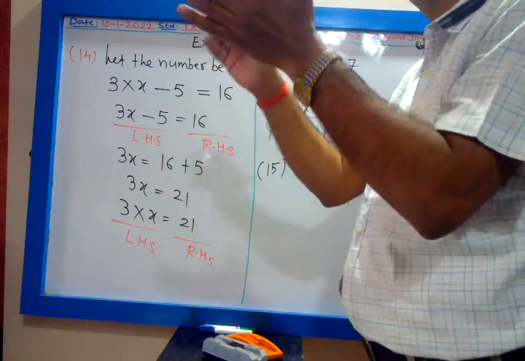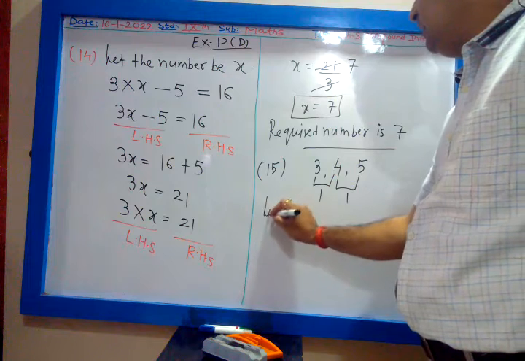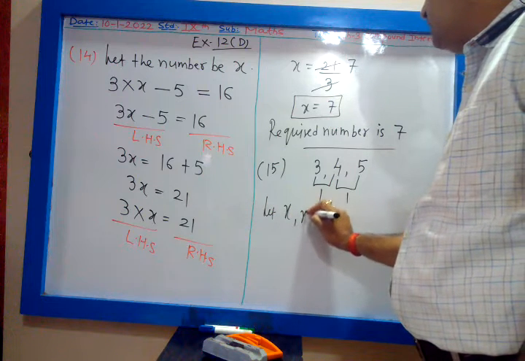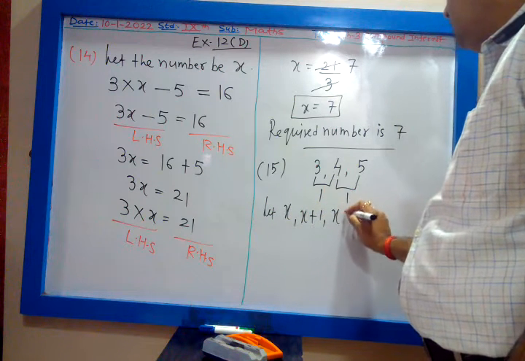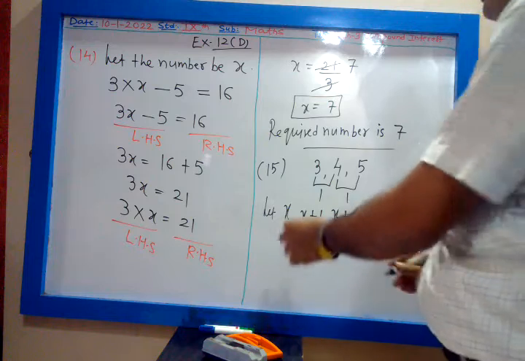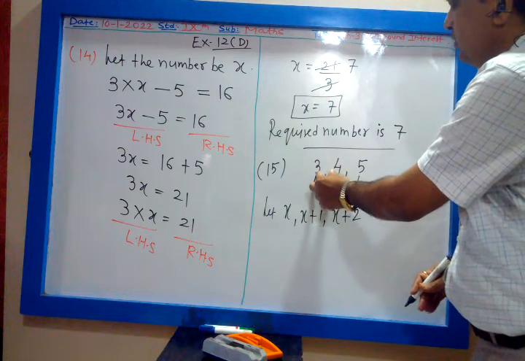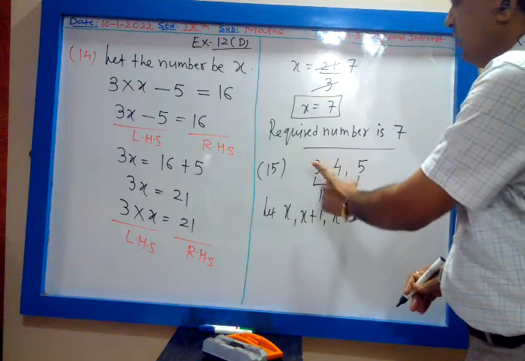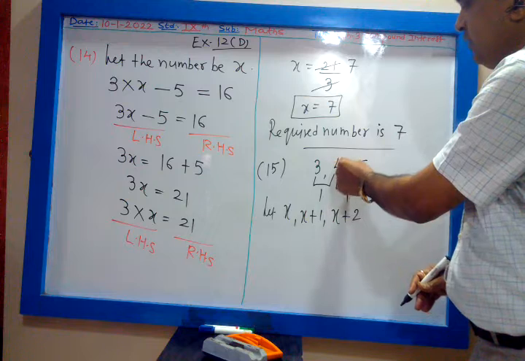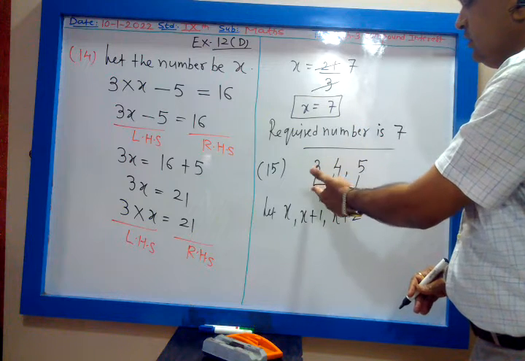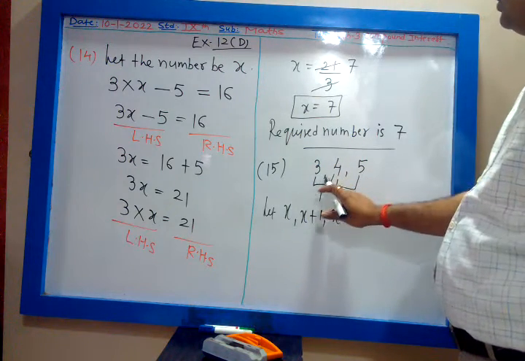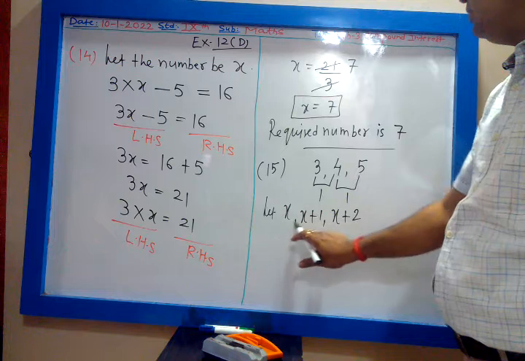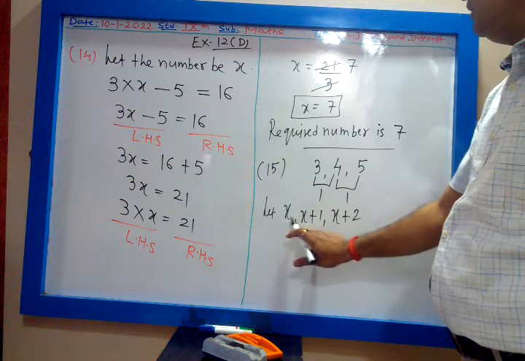But if it is natural numbers, we write let x, x plus 1, x plus 2. What is the difference between 3 and 4? 1. 4 and 5? 1. So whenever you take three consecutive natural numbers, the difference between them should be 1. X plus 1 minus x is 1.